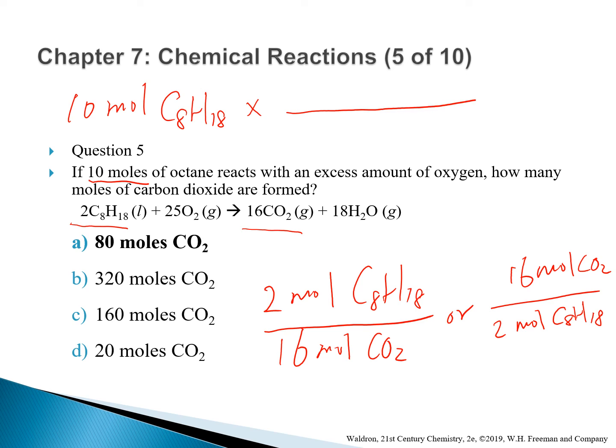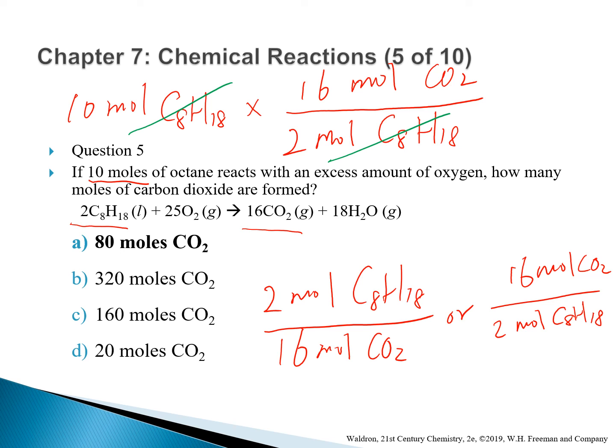We multiply by the conversion factor on the right, because we want to cross out the moles of C8H18. We're going to put it on the bottom. Then the unit we want, we're going to put it on the top, so that we can cross out the moles of C8H18, and then we're going to end up with the moles of CO2. If you punch in the numbers into the calculator, you will end up with 80 moles of CO2.